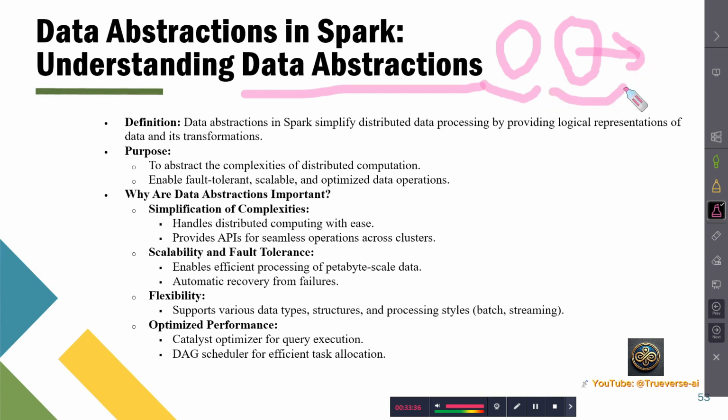So in data abstraction there are two parts: the data itself, how it is organized, and how it moves. Why do we need rules, a logical conceptual thing? Because we are going to do distributed computation.